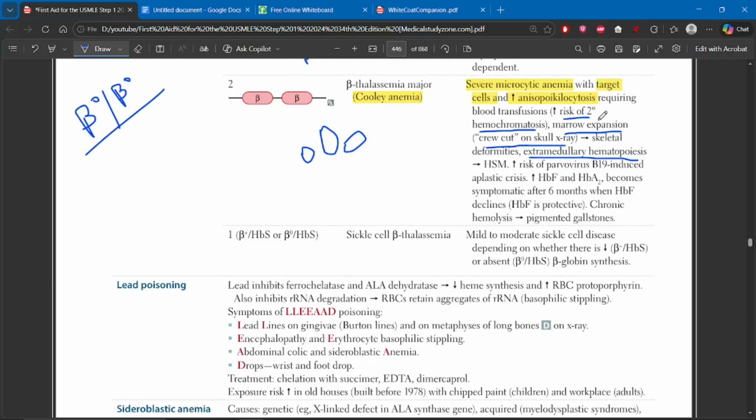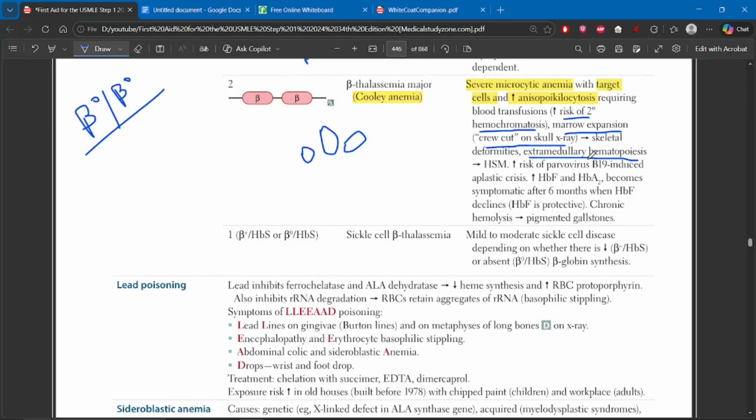The hematopoiesis is not limited to the bone marrow in our bones. Now, what is happening is, due to compensation for the decreased amount of RBCs in the blood, the bone marrow starts to produce or carry out hematopoiesis in places other than just the bone marrow. It starts to create cells in places other than the bone marrow, so on the skull or anywhere else.